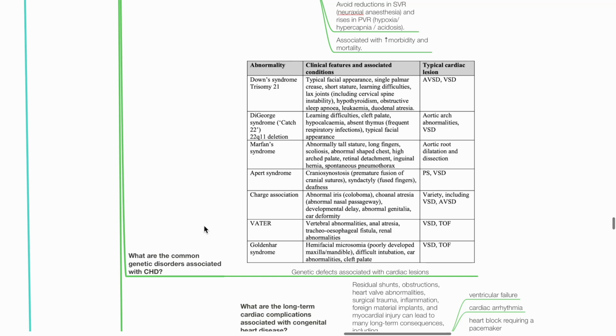This is associated with VSD and TOF. Goldenhar syndrome is associated with VSD and TOF.